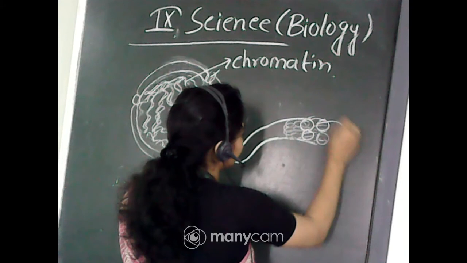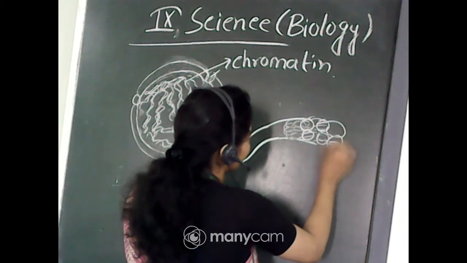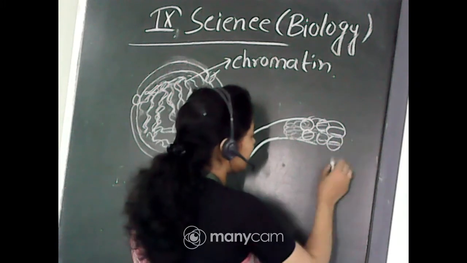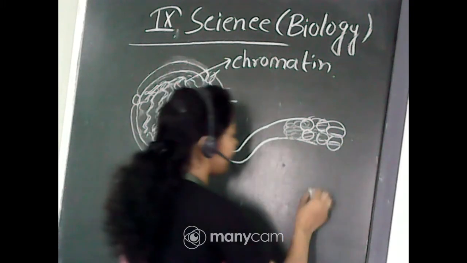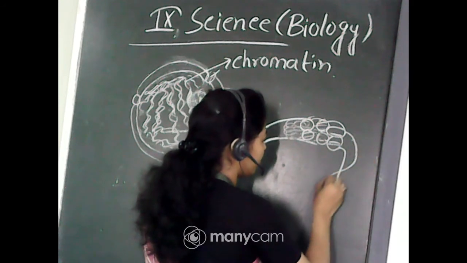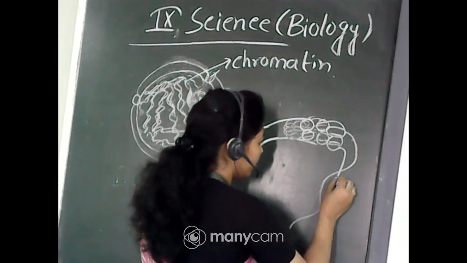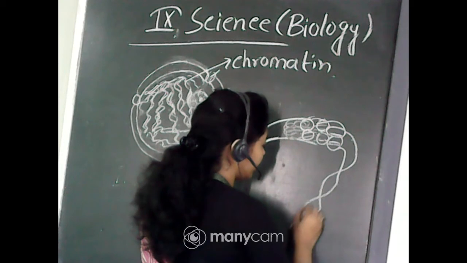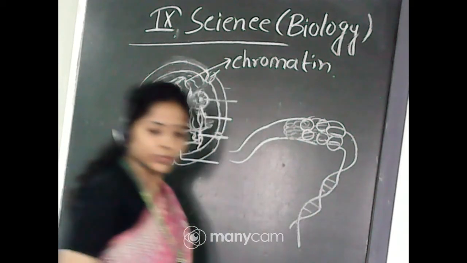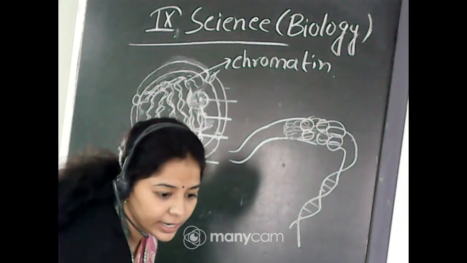When they are less organized, the simplest structure of this chromatin will come in the form of DNA.